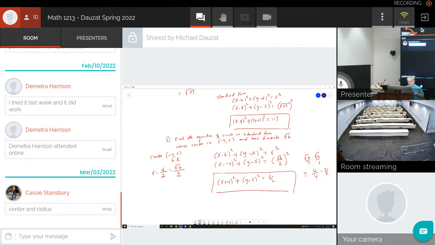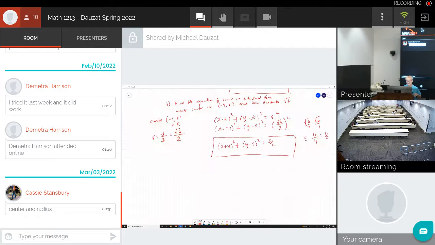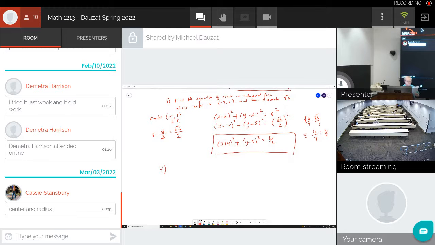And then finally, number 4. All right, now let's listen to the wording here. It says, write the equation of the set of all points that are a distance of 4 units from 3, negative 2.